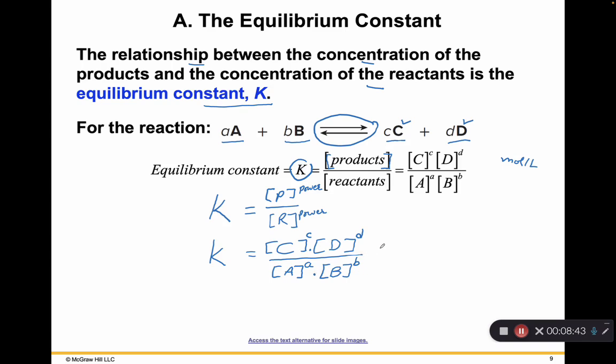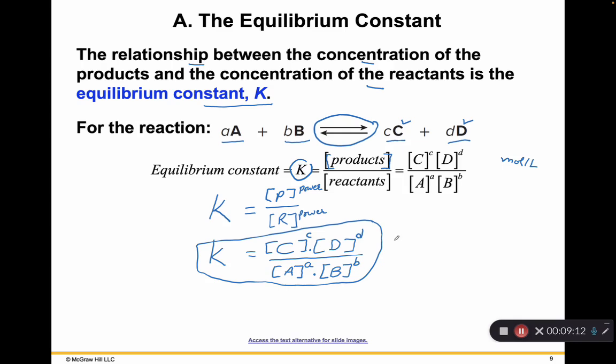If it is not obvious to you, understand that there is a multiplication sign. So we have C and D products raised to their respective powers, divided by A and B reactants raised to their respective powers. This is the expression that relates the equilibrium constant with our concentration of reactants and products.